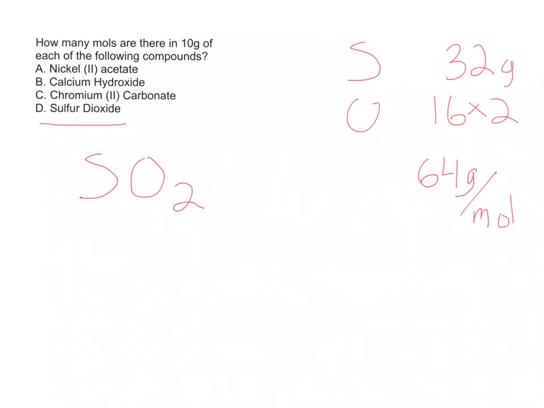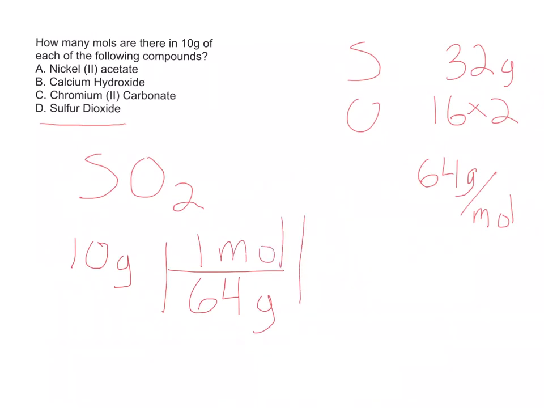So again, we will follow the steps from before and divide 10 grams by the molar mass to yield 0.16 moles of sulfur dioxide.